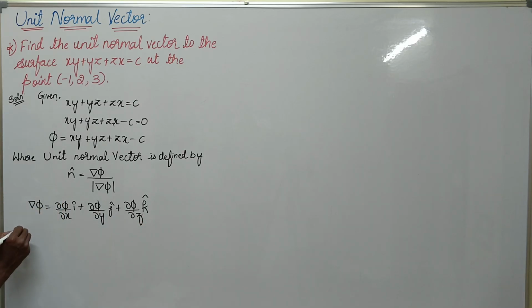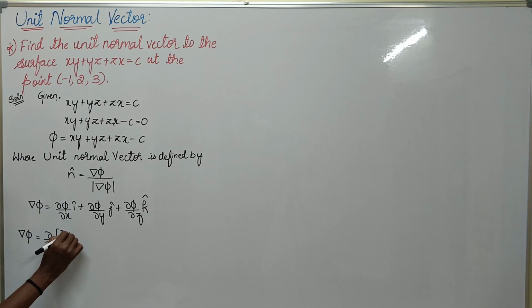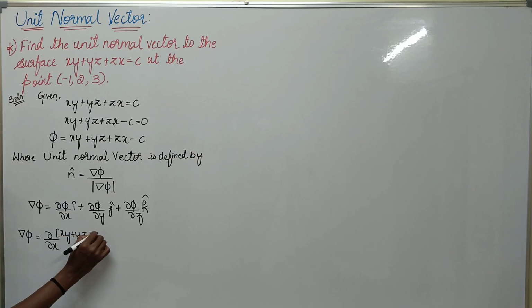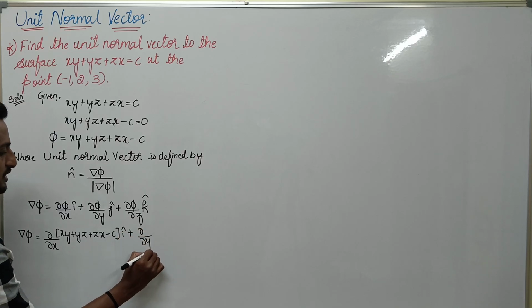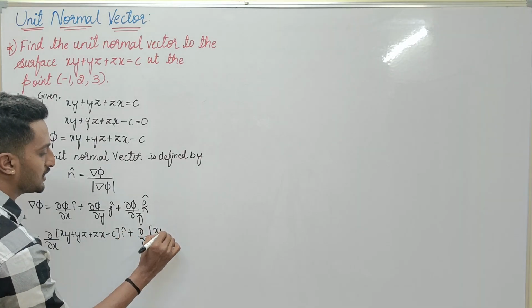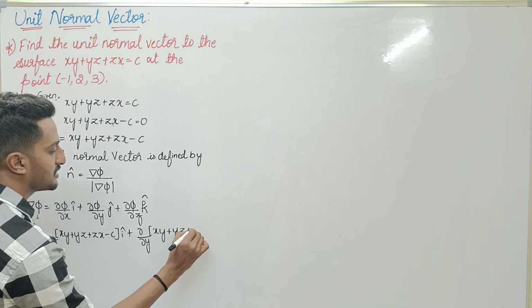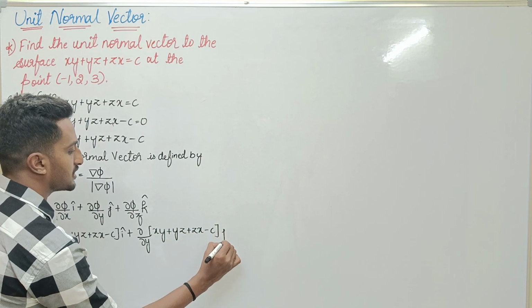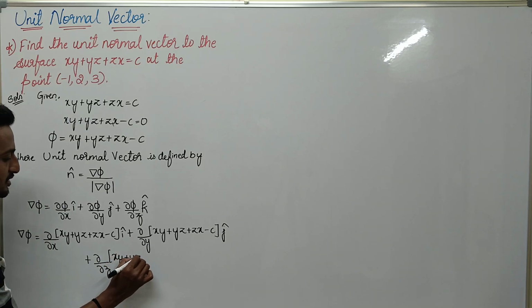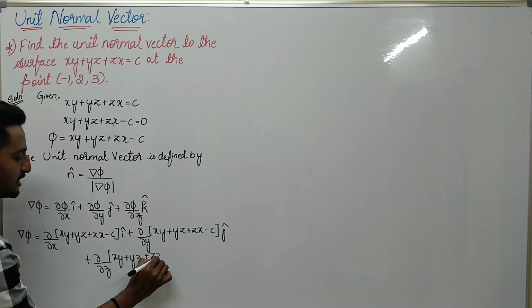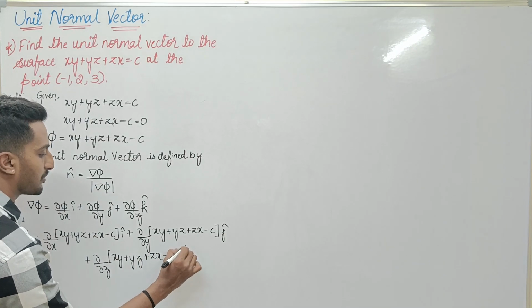Now let us differentiate. Gradient phi is equal to dou by dou x of xy plus yz plus zx minus c i cap, plus dou by dou y of xy plus yz plus zx minus c j cap, plus dou by dou z of xy plus yz plus zx minus c k cap.